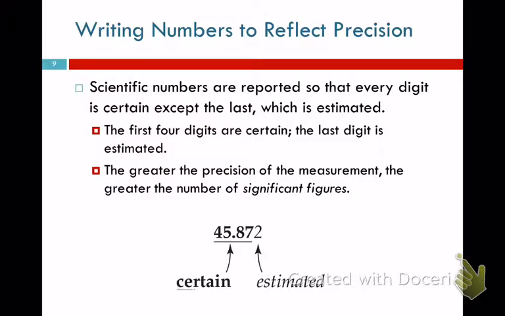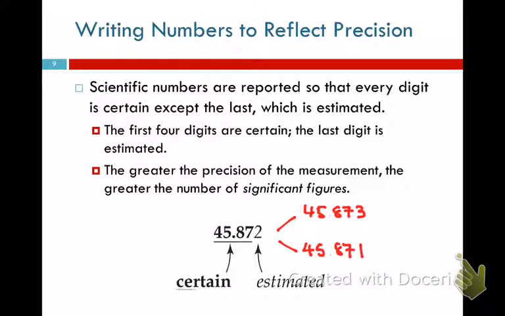This can be 0.001. So this number could actually be 45.873 or 45.871. It falls between the marks.